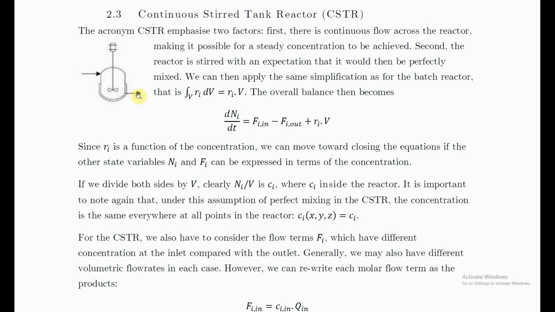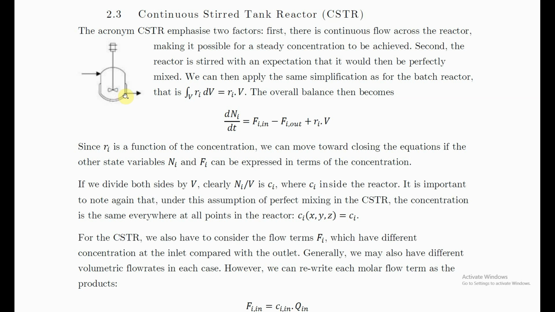So the concentration in this stream must be identical to the concentration right next to this point here. So at the exit point from this reactor, there exists some concentration inside the reactor, and that concentration must be identical to the concentration in the stream. It's the same fluid that's flowing through here.